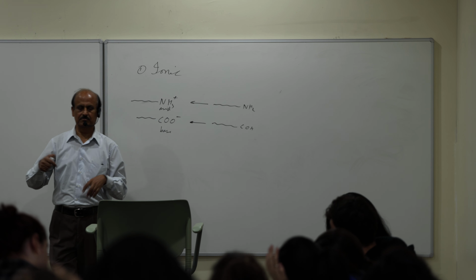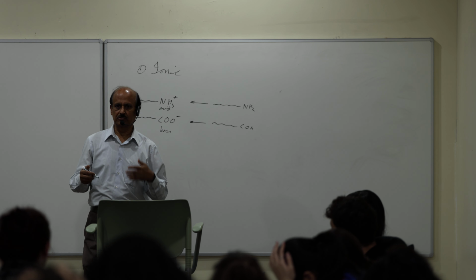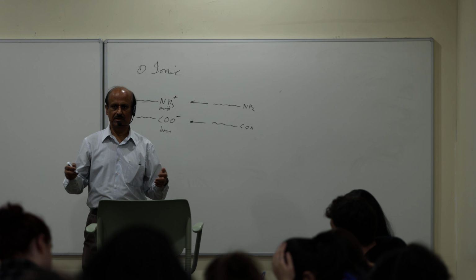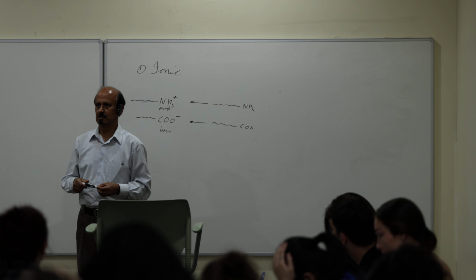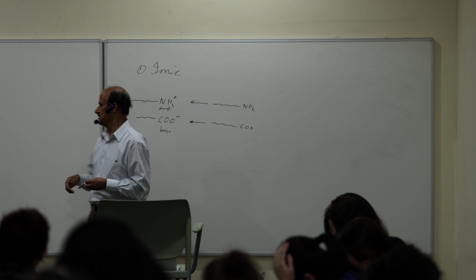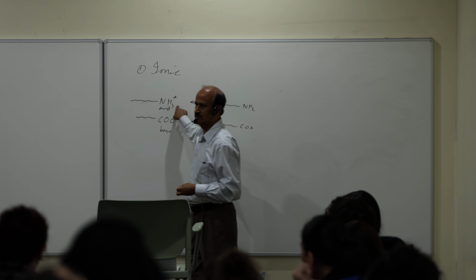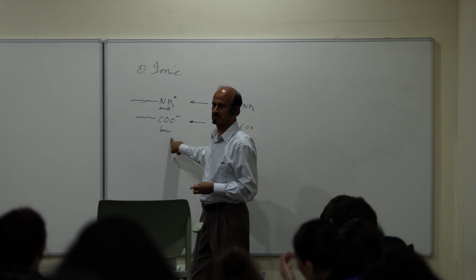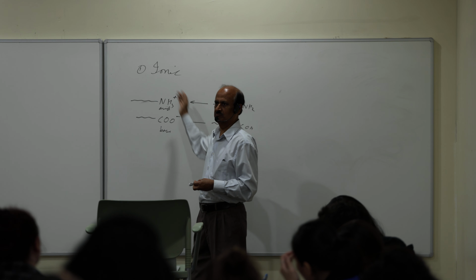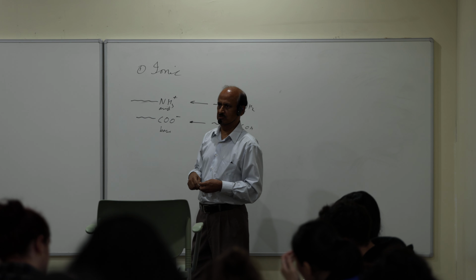Alright, so this thing will come again and again, talking about acids or bases at some site in the protein, and this is what we mean. Acid means anything that is NH3 plus, base is anything that is COO minus. These came from the opposite amino acids.